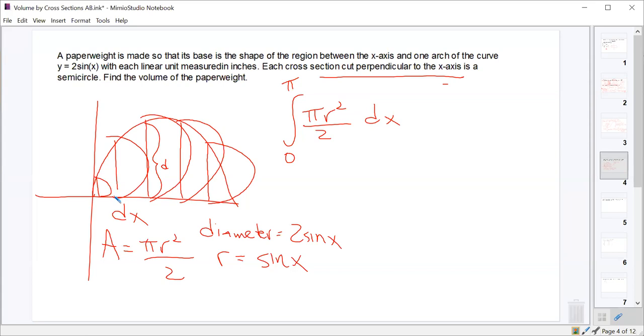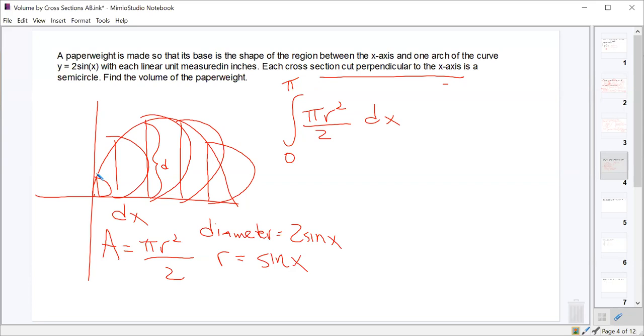Just so long as you didn't draw them this way, because then that's not perpendicular to the x-axis. Good? Any other questions, Zoom? Okay, everyone here is good still?